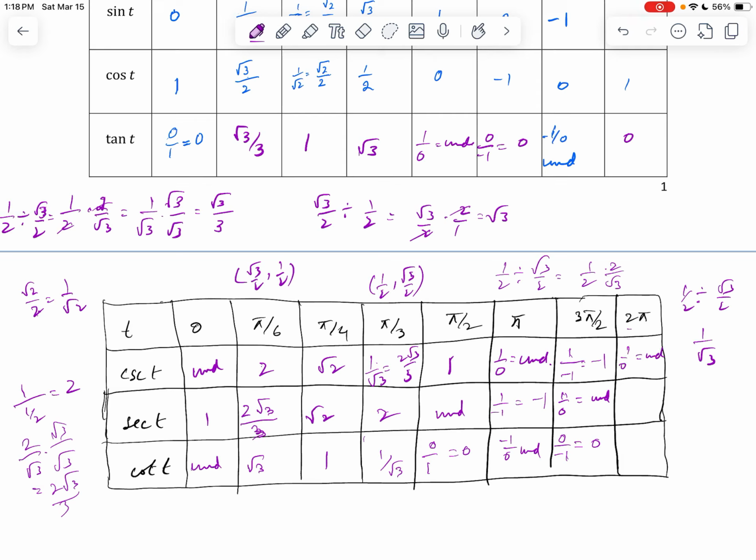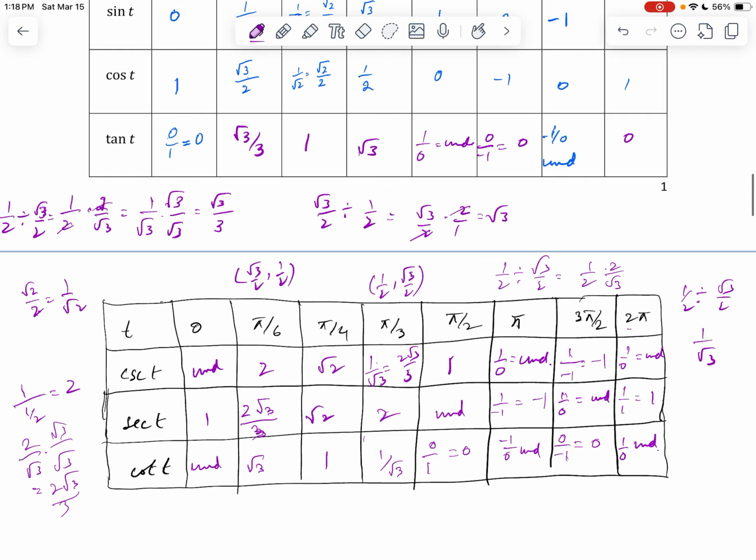And then secant will be 0 over 1, which is 0. Sorry, it will be 1 over 1. And the cotangent will be x over y, which means 1 over 0, which means undefined.